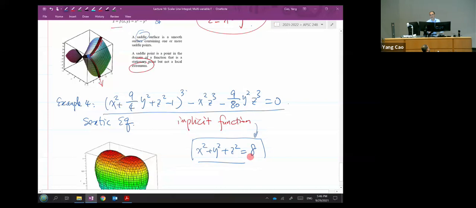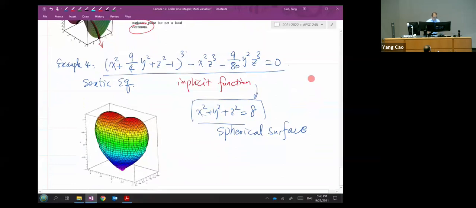It's a sphere, exactly. x squared plus y squared is a circle, and then you add a z squared here, you get a sphere. It's a spherical surface. So as you can see, this is also an implicit function.